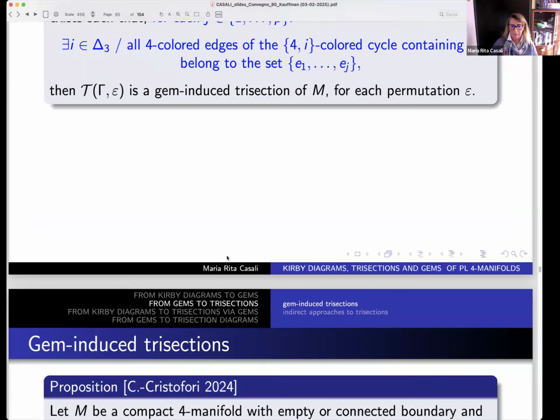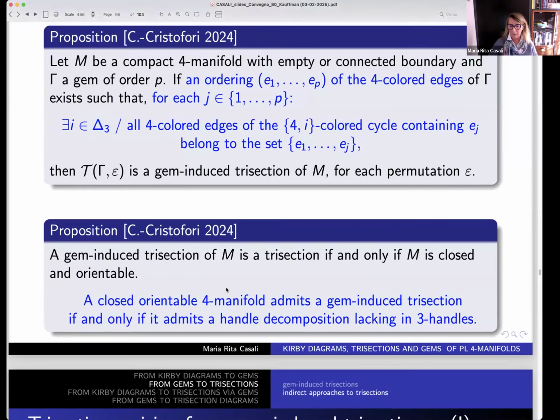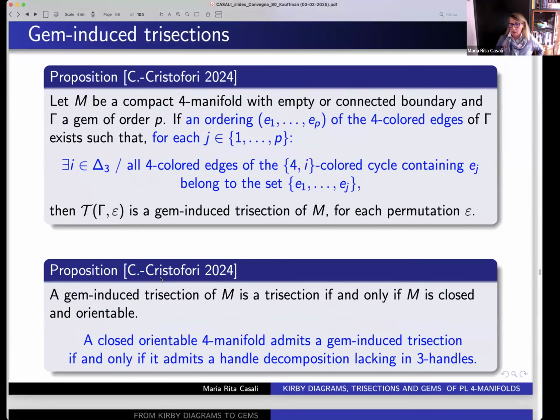What is important to point out is that the gem-induced trisections fit Gay and Kirby's definition of trisection, hence allowing a direct estimation of the trisection genus only for a suitable class of closed orientable four-manifolds, characterized by admitting a handle decomposition with no 1-handles.